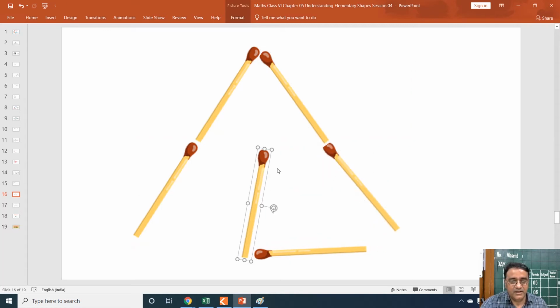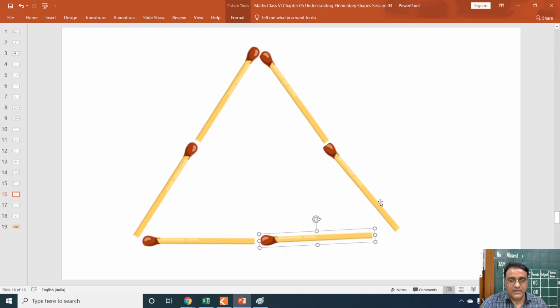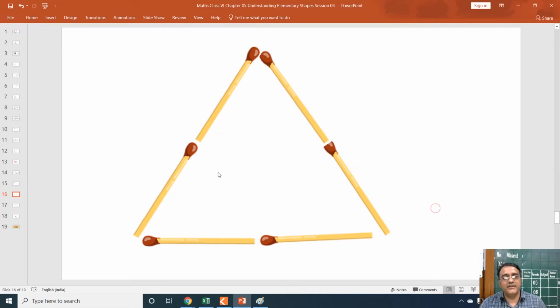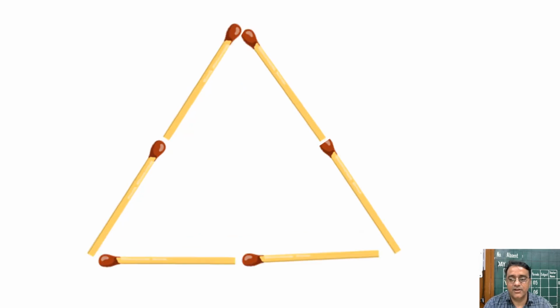Okay. Join the next one here. We will have to rotate this a little more. See, we are getting one equilateral triangle. Okay. So this is clear to all of you? Yes, sir.